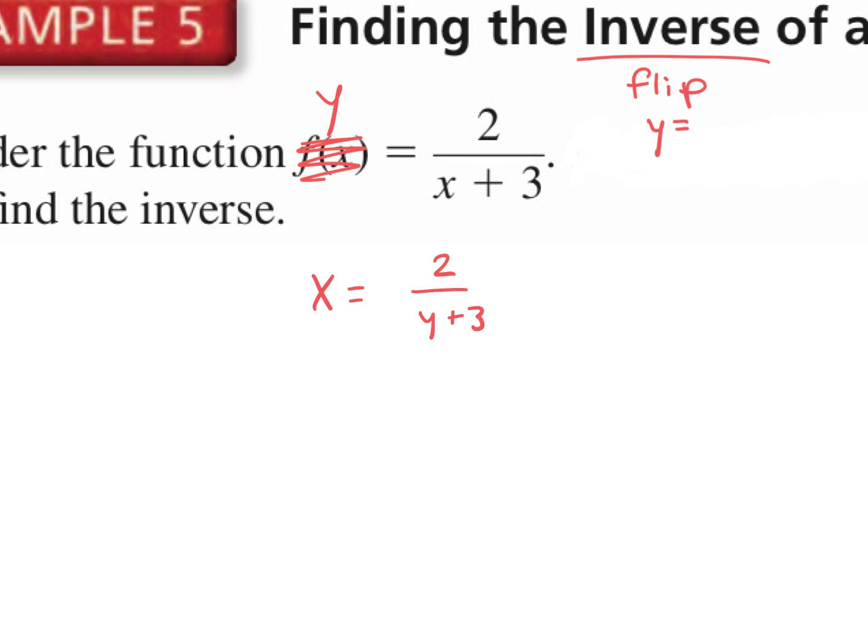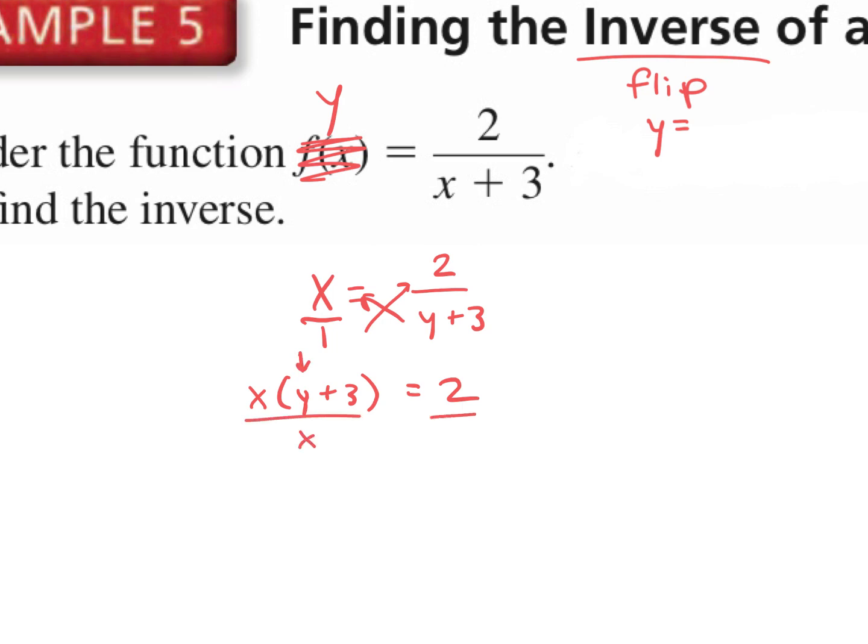So two ways we can do this, just like the last one where we get rid of our denominator because we don't like fractions. Or we could say that this is x over 1 and we can cross multiply. So if we cross multiply, we get x times y plus 3 is equal to 2. Our goal is to get y by itself, so we want to undo everything that's happening to it.